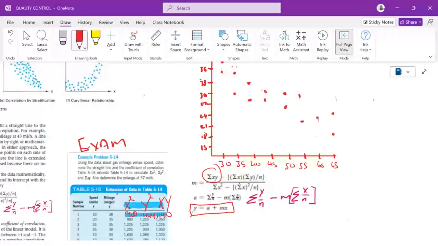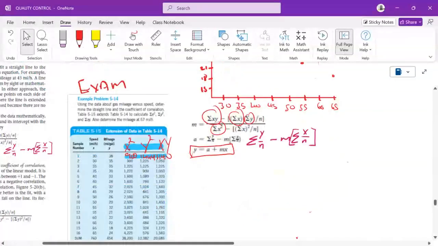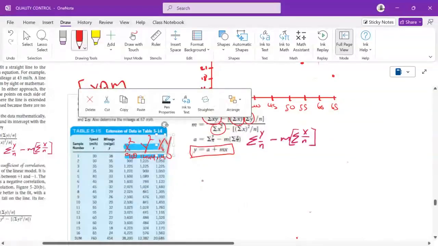You are required to create a table for XY and multiply 30 by 38. And then also you need to find the sum of X, the sum of Y, and the N value, and then the X squared. You must look for all those things one by one, doing this X and X squared.